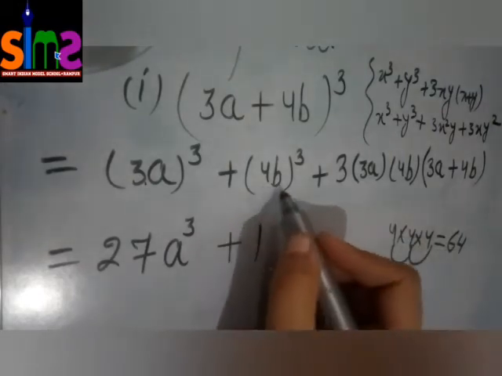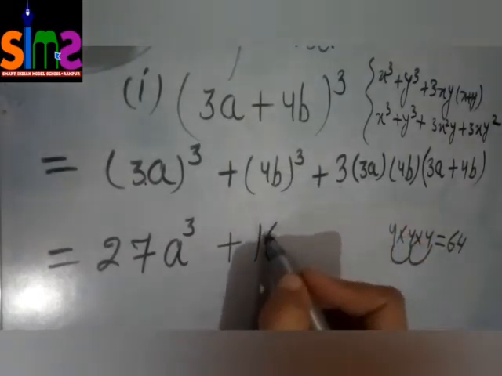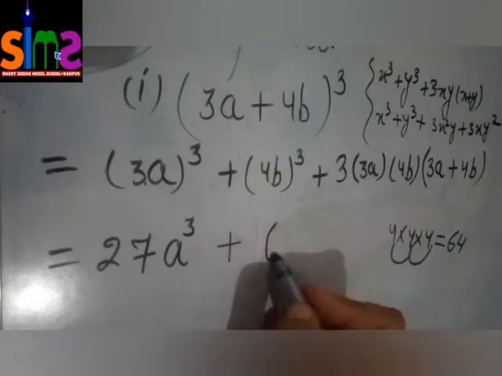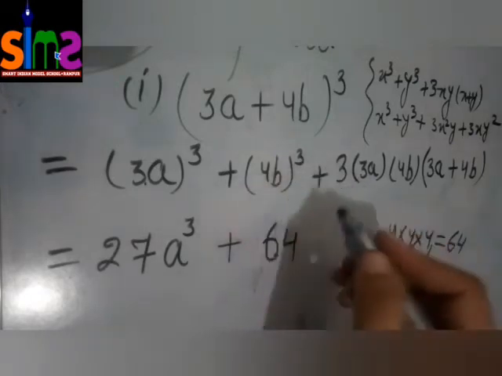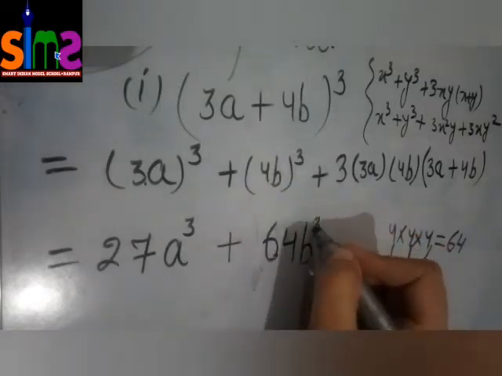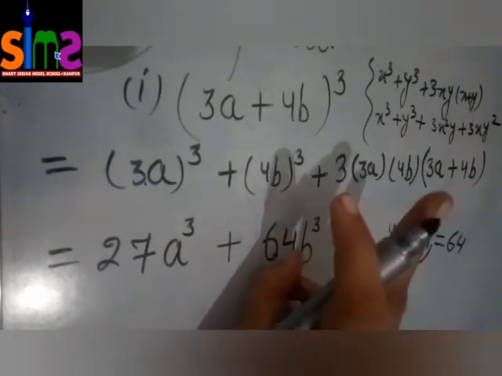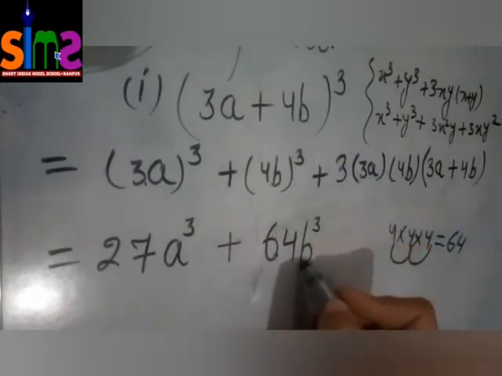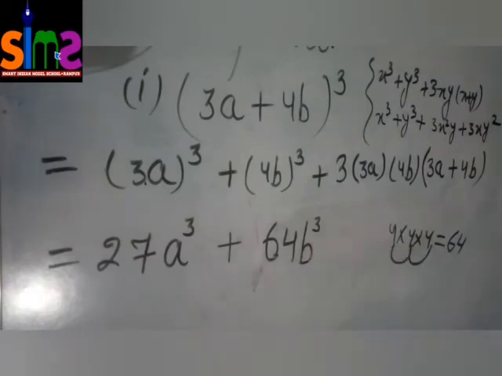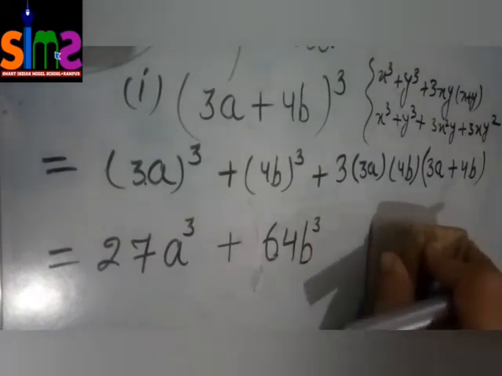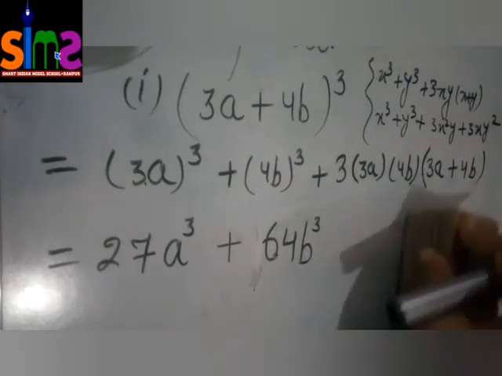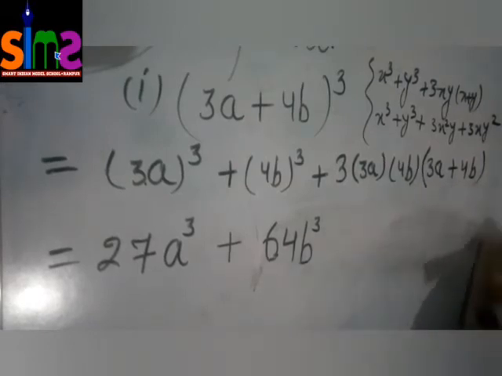So the expansion of 4b cube will be 64 b cube. When b is multiplied 3 times, we get b cube, because when variables are multiplied with each other, we add their powers.